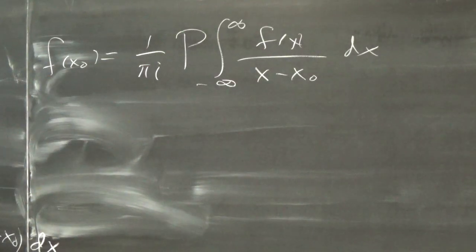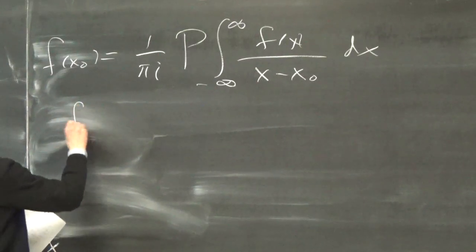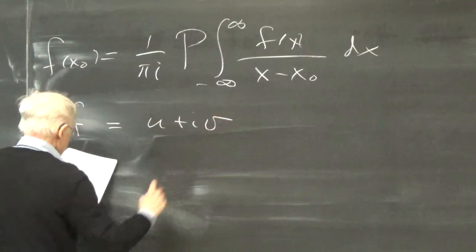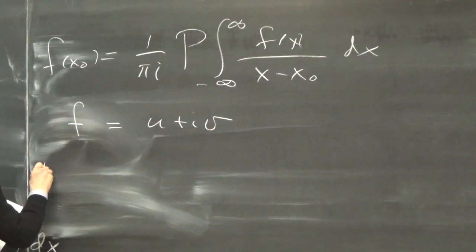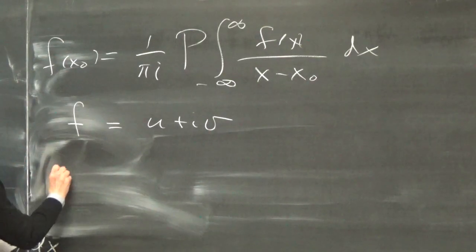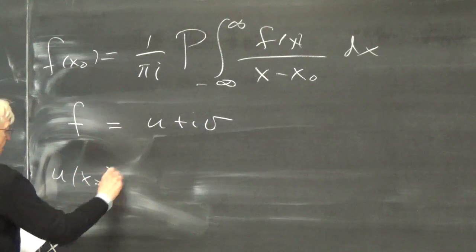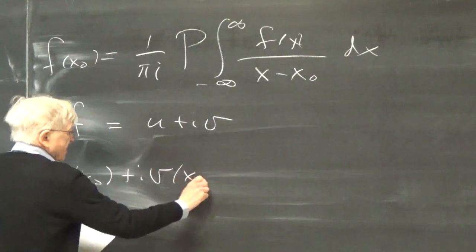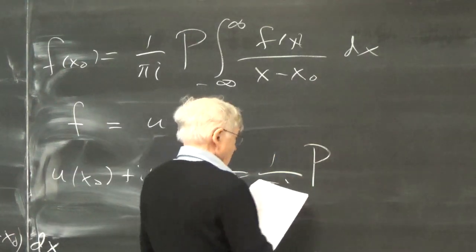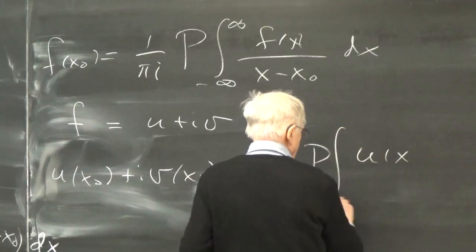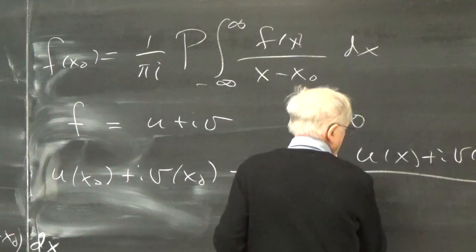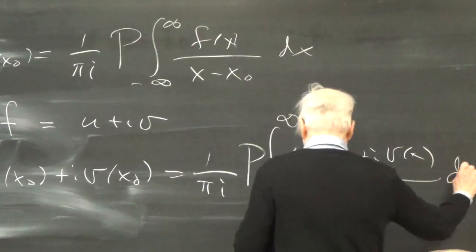Remember, f is a complex function, and so you can write f is equal to u plus iv, and when you do that, you get u of x0 plus iv of x0 is 1 over pi i principal part, and then the integral from minus infinity to plus infinity of u of x plus iv of x over x minus x0 dx.